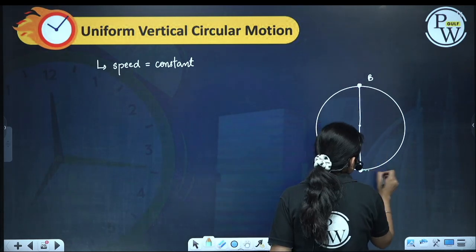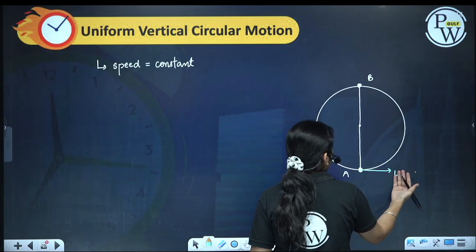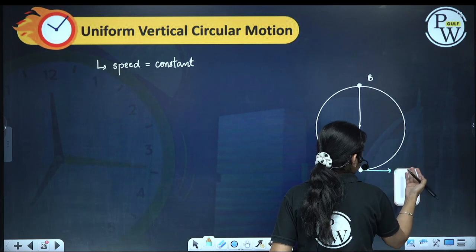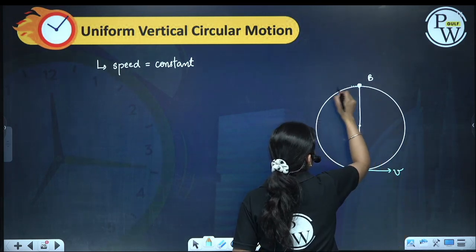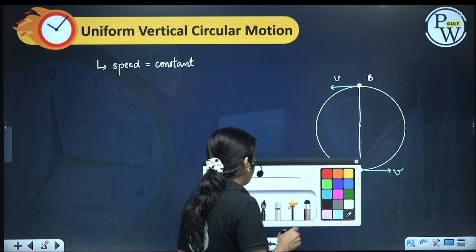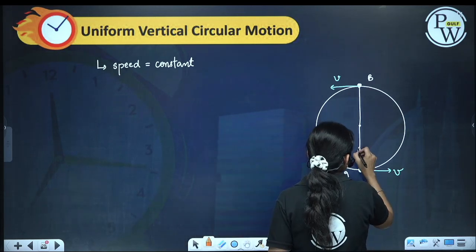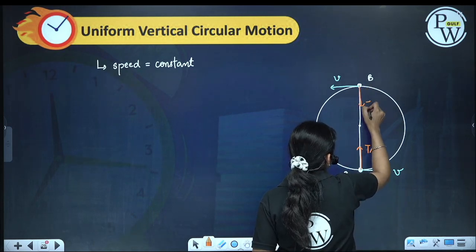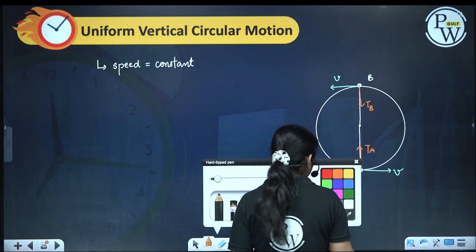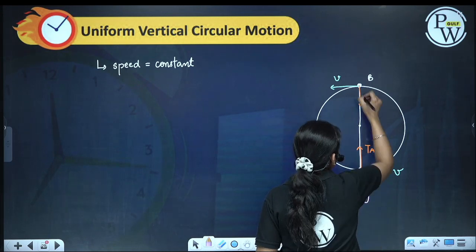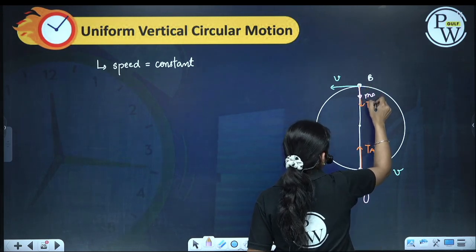At A it has speed v, and at B also it has speed v. Now what will be my tension at A and tension at B? Here it is TA, here it is TB. Now draw the mg forces, vertically downwards.